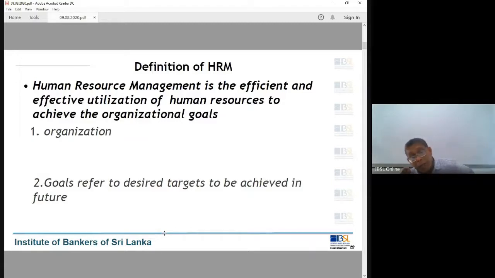Now, in order to achieve this specified goal, organizations develop some organizational goals. So in order to satisfy the needs and wants of humans, organizations usually lay down some organizational goals.